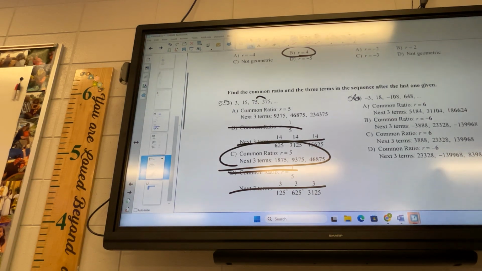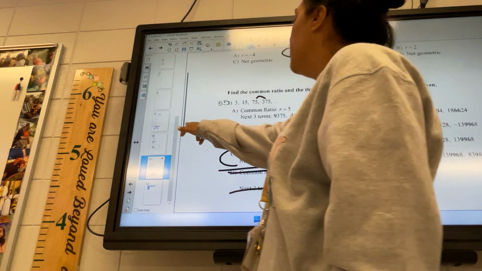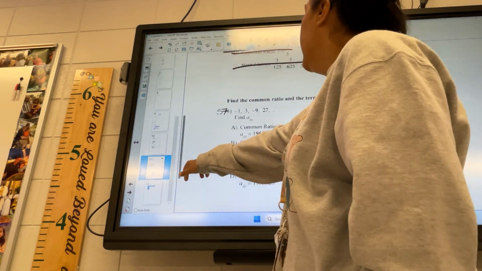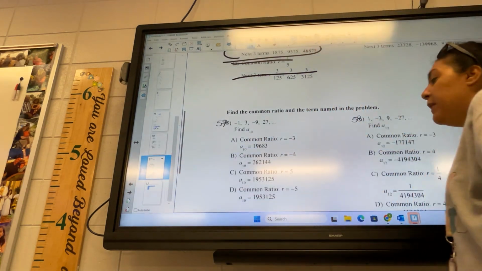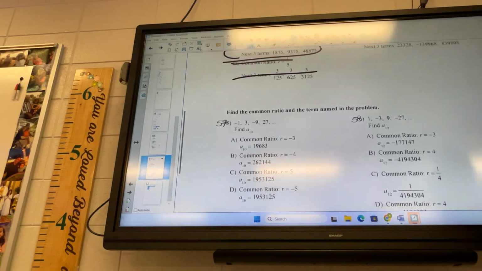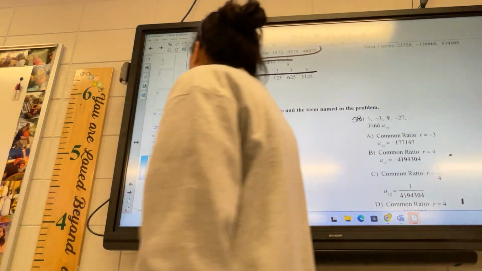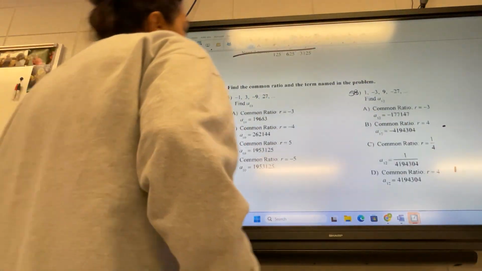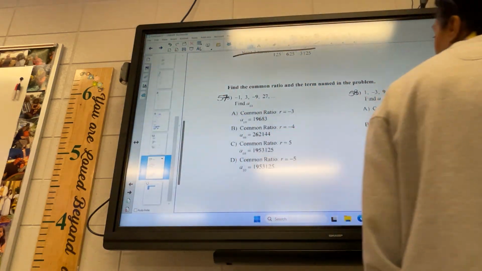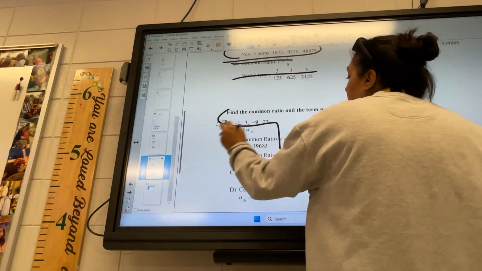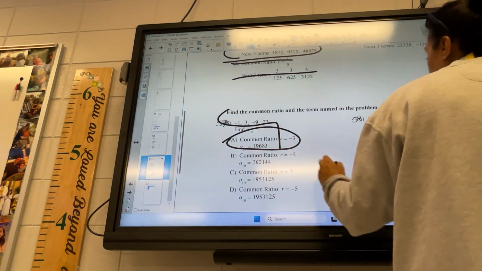Okay, 57. This is that one where you have to use that formula. You may be able to sometimes eliminate with the common ratio, maybe not, because if you look at 58, there are two 4s, so you're going to have to type it in. Whereas on this one, you don't necessarily have to. What is the common ratio? Negative 3. So it's got to be A. But on this one, you're going to have to type it in.